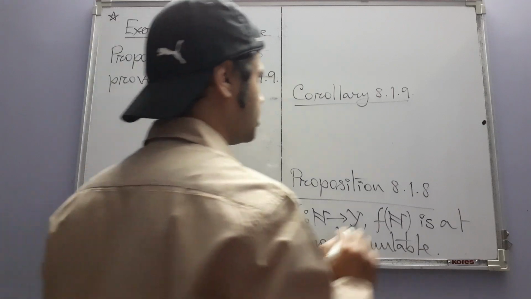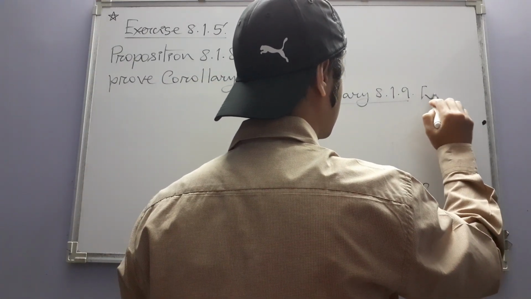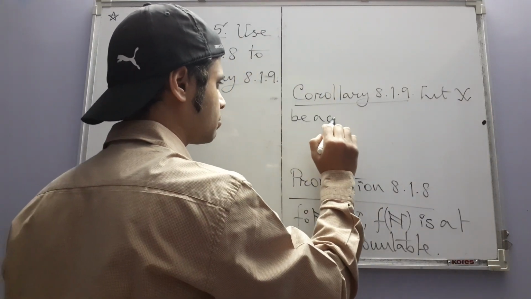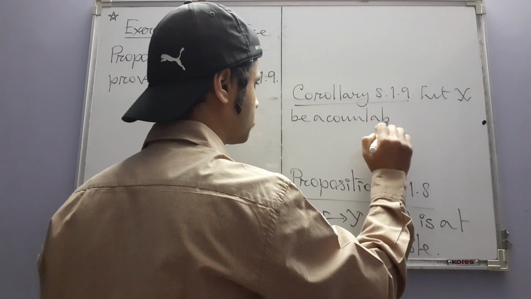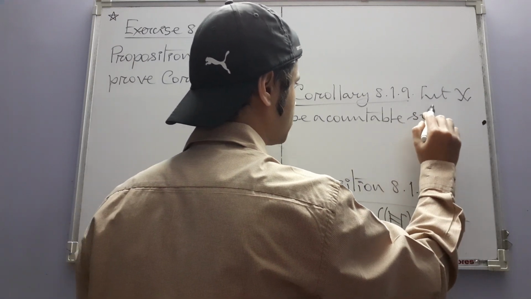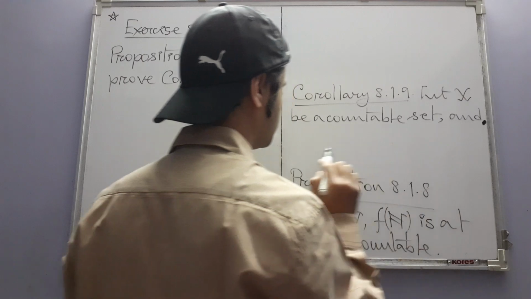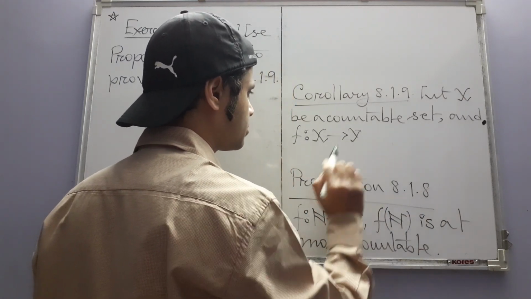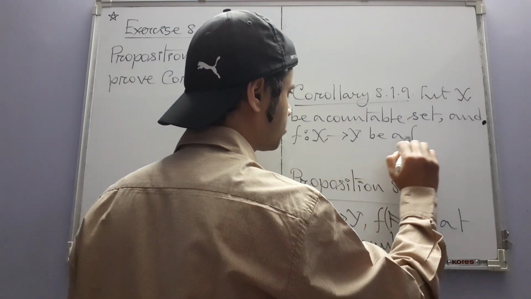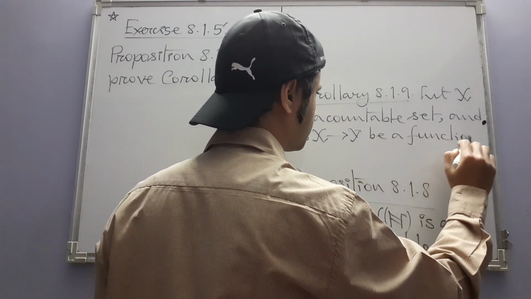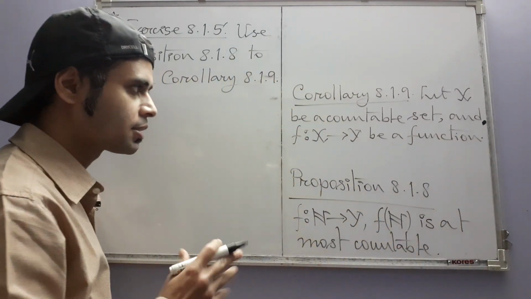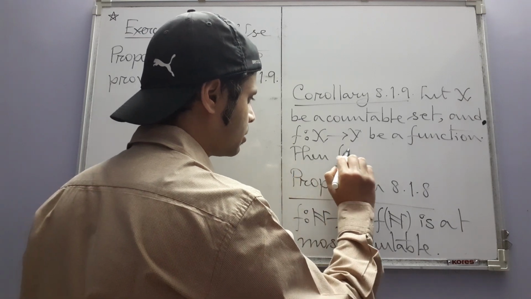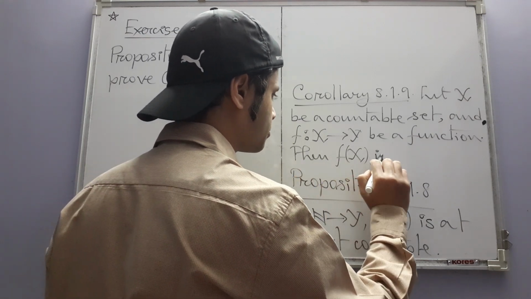Here the statement is this: let X be a countable set and f from X into Y be a function where Y, of course, just like before, is some set. Then the image f of X is at most countable.